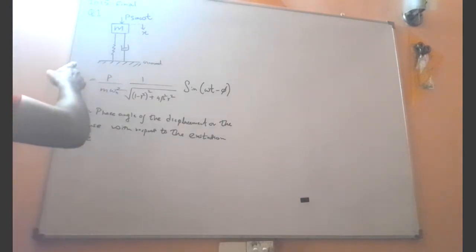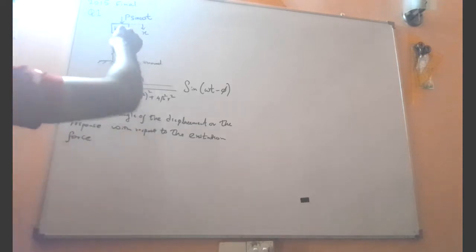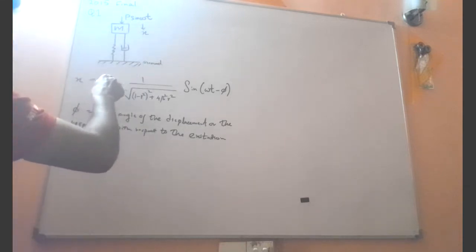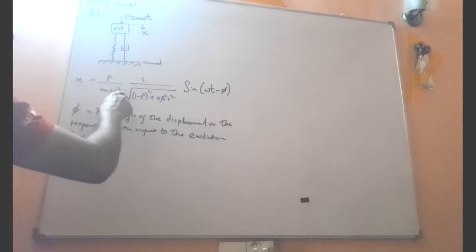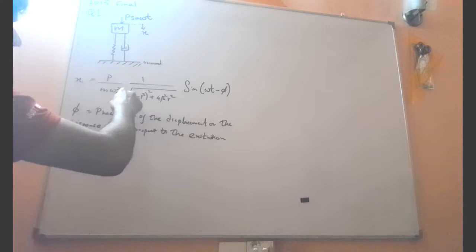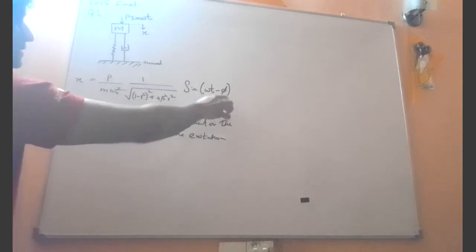The displacement, or the response, of this machine due to this excitation force is given by P divided by m omega n squared times 1 over the square root of (1 minus r squared) whole squared plus 4 beta squared r squared, times sine omega t minus phi.